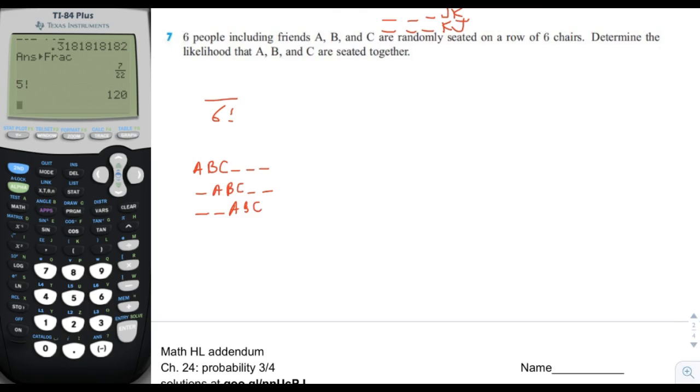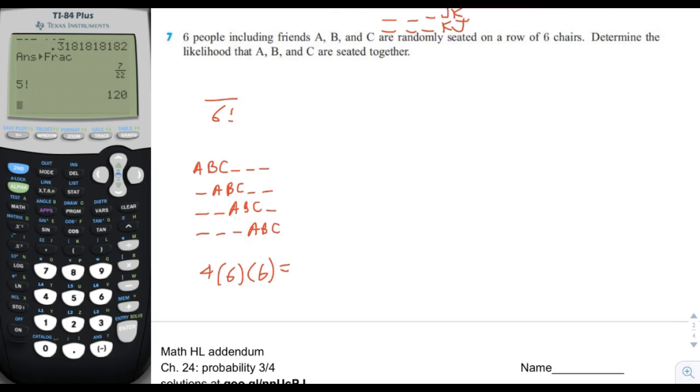So how many different ways are there to have A, B, C sitting together? There are basically 4 different configurations. But among these 4 configurations, A, B, C could be arranged in 3 times 2 times 1, 6 different ways, right? And the remaining 3 chairs could also be arranged in 3 times 2 times 1, 6 different ways.